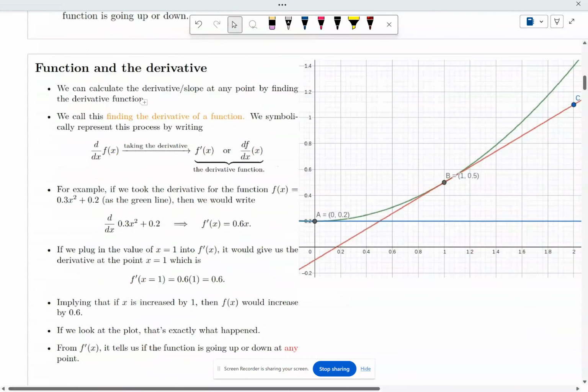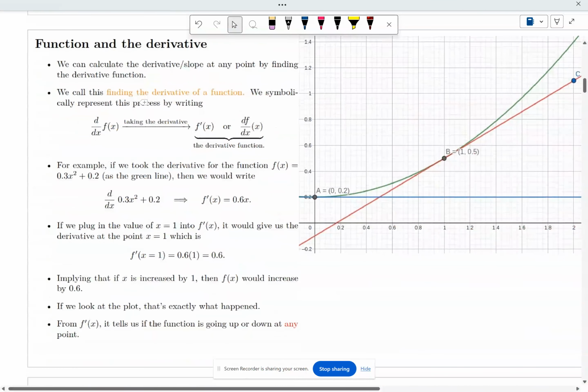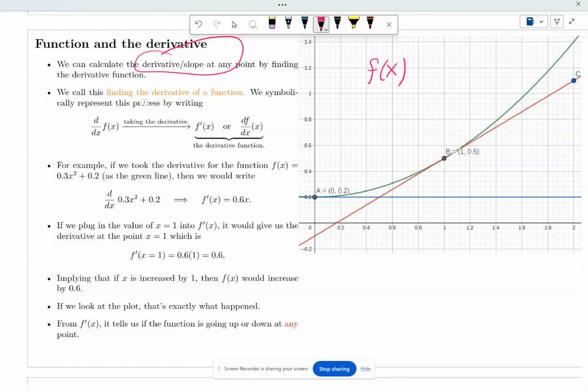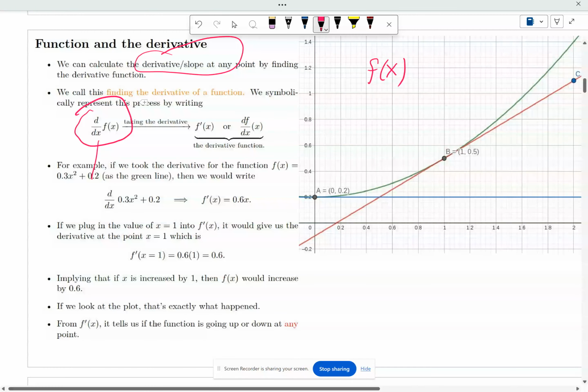So given a function, we can calculate the derivative and the slope at any given point, and we symbolically represent that by writing this. This means we're taking the derivative of this function with respect to x, with x as the variable.